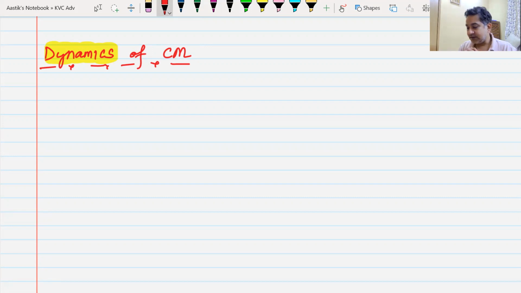What causes acceleration? Force causes acceleration. So whenever we come into dynamics, we talk about force. We have talked about two types of acceleration. Therefore, there are two types of force.